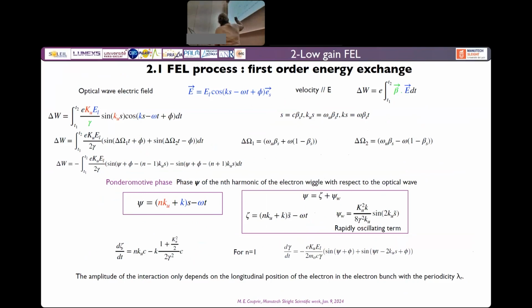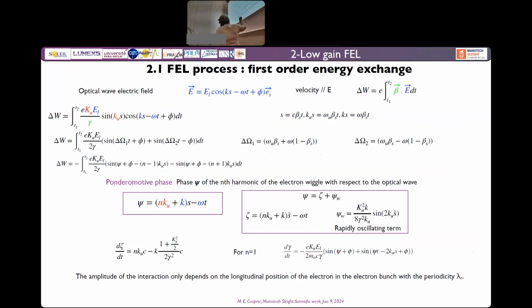Then I develop the calculation, and after some mathematics, I can introduce the ponderomotive phase, which depends on the undulator wave number and on the optical wave number, where I have a slowly varying term and a rapidly oscillating term, which is related to twice the undulator wave number that we have for a planar undulator with the longitudinal trajectory.